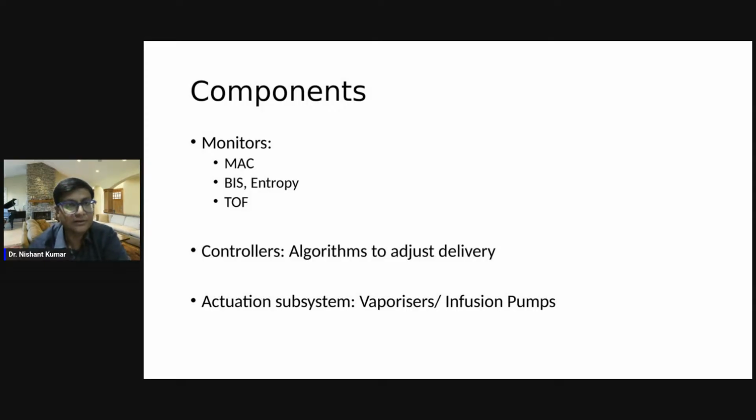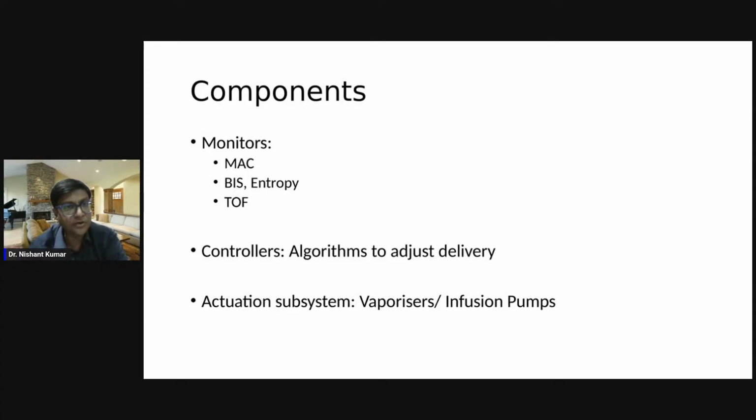And these monitors, which we commonly use in the closed loop anesthesia delivery systems, include MAC, that is minimum alveolar concentration, BIS or entropy, or any of the processed EEG as a surrogate of depth of anesthesia. Maybe the noxious stimuli using Conox system or any other noxious stimuli processed EEG. Train of 4 for regulation of muscle relaxants. So these are the monitors which will decide the core anesthesia drugs to be administered by a controller.